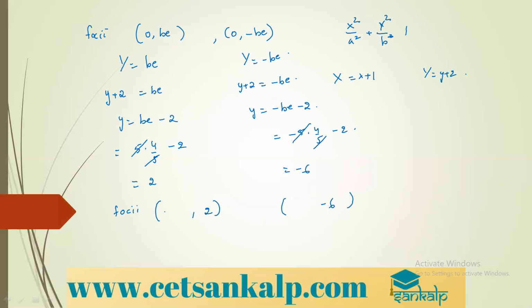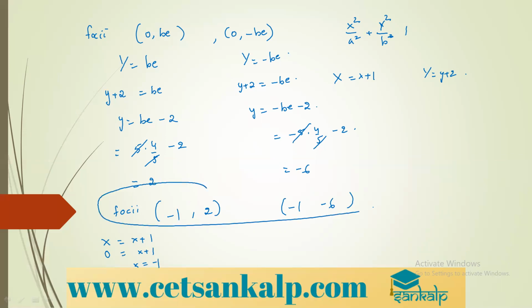So x coordinate will be x plus 1. So what is the x coordinate I have? 0 at present. So x coordinate will be minus 1. That means here I can write minus 1. Here I can write minus 1.